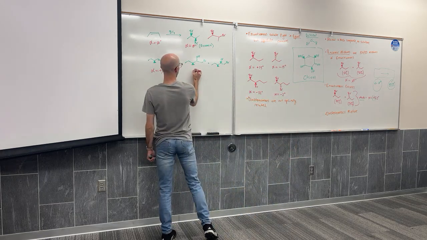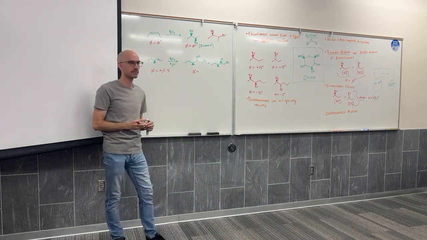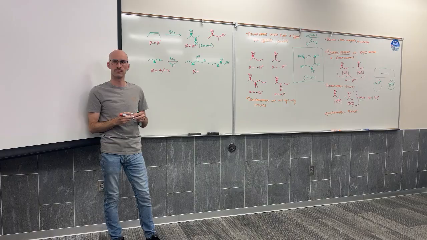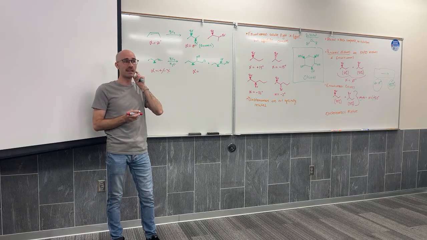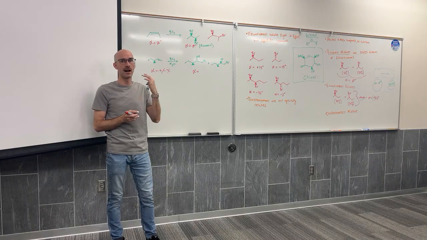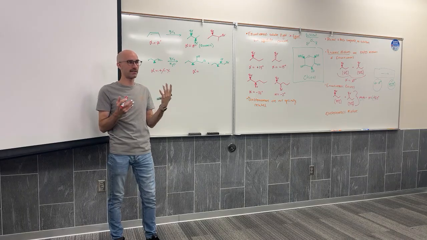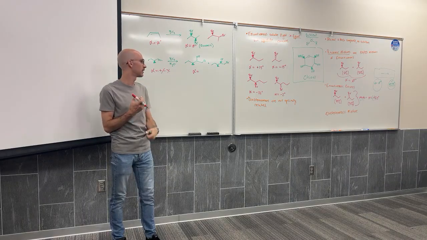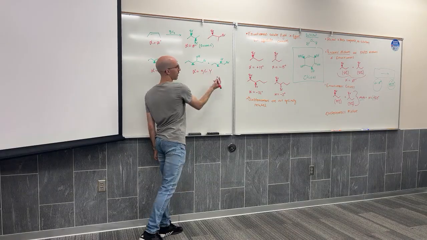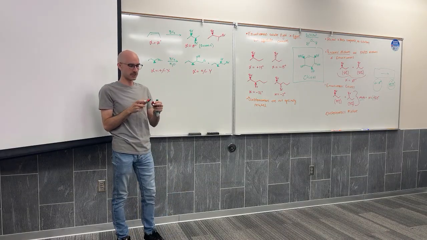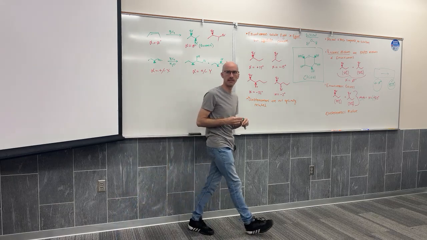So will this have rotation? Is this a racemic mixture? No, it's not a mixture of enantiomers, which means that it's not going to have an equal and opposite effect on the light. So this will rotate light, but plus or minus some other amount. So I'll say plus or minus y.